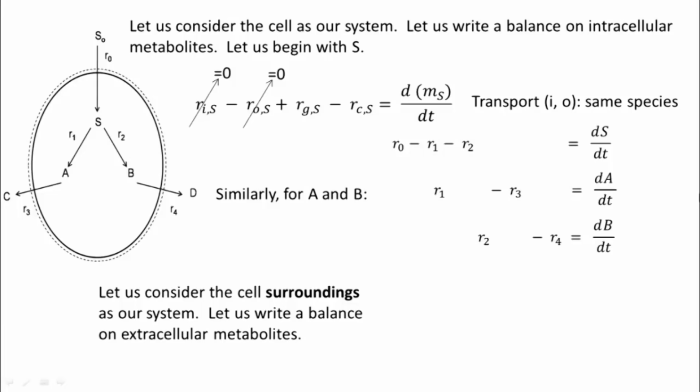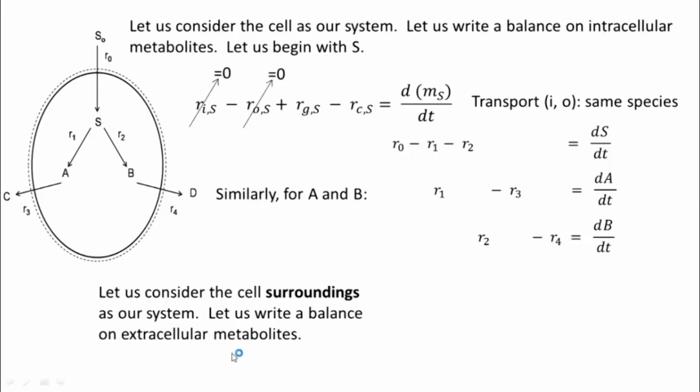Now there is a trick here. I want you to pay some attention. We are going to consider the surroundings of the cell as a system. When we focus on extracellular metabolites, we will consider the surroundings of our cell as a system and write our balances. That's what turns out to be consistent with our approach here.